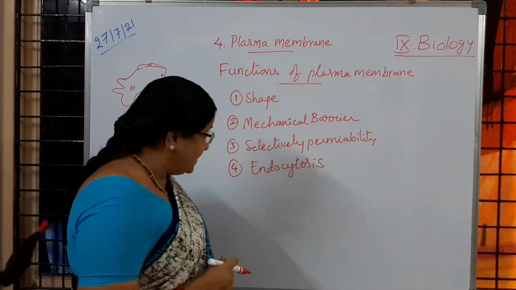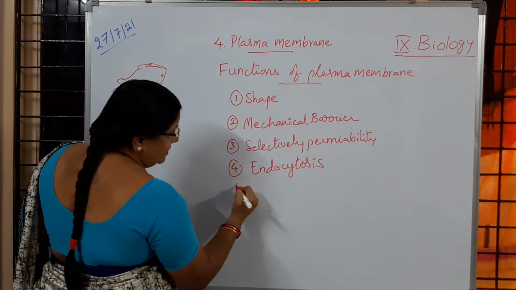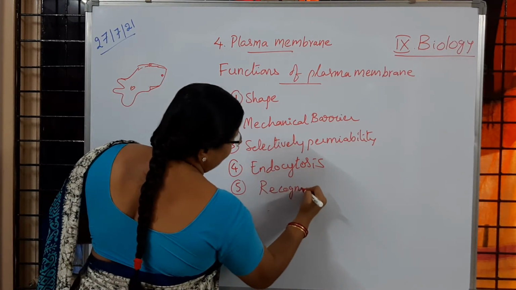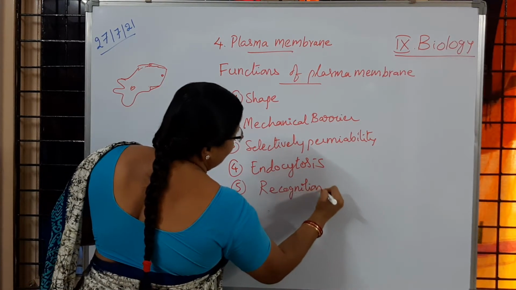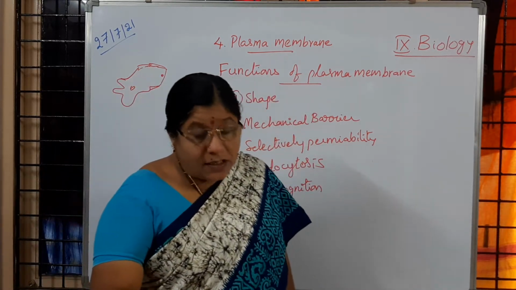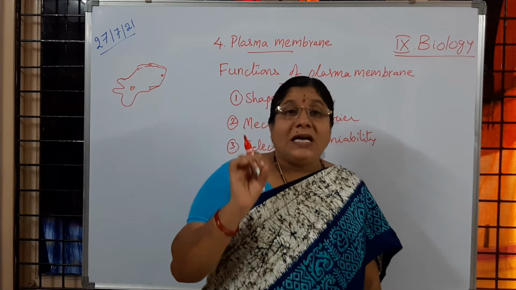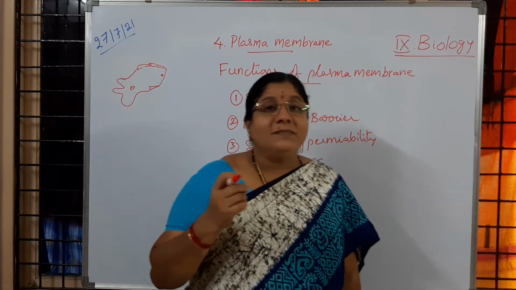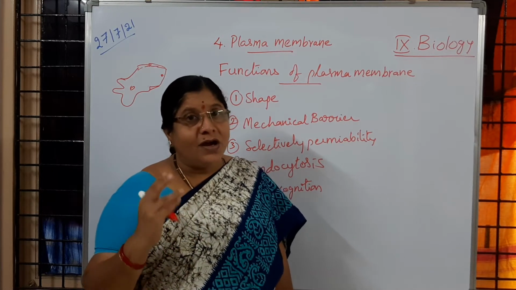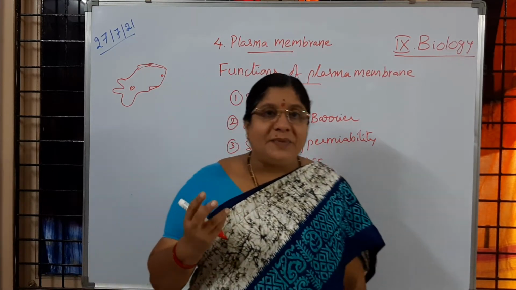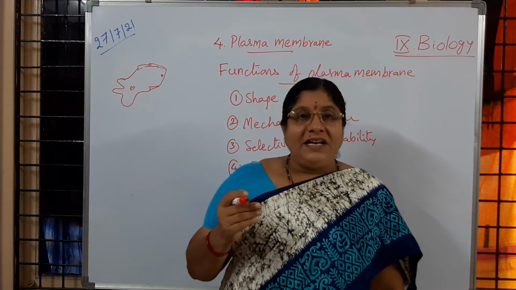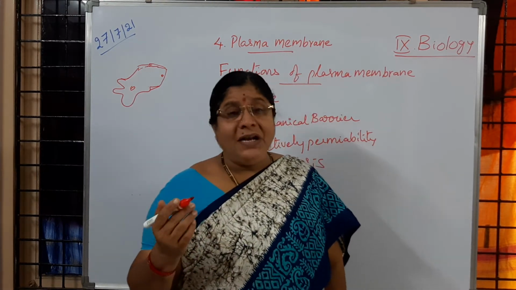Then next one is recognition. So here what is that? On the plasma membrane there are some substances or chemicals present. You learned what the plasma membrane is made up of. The plasma membrane is made up of materials like lipids.